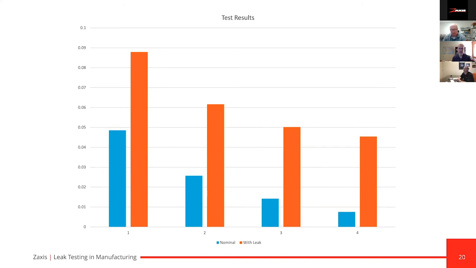So as you can see in Doug's chart here, as he varied the fill time, he was able to broaden that gap and create a bigger difference between a leaking part and a non-leaking part. And obviously, the smaller the volume you have, the more resolution or the more sensitivity you're going to have for finding a leak.